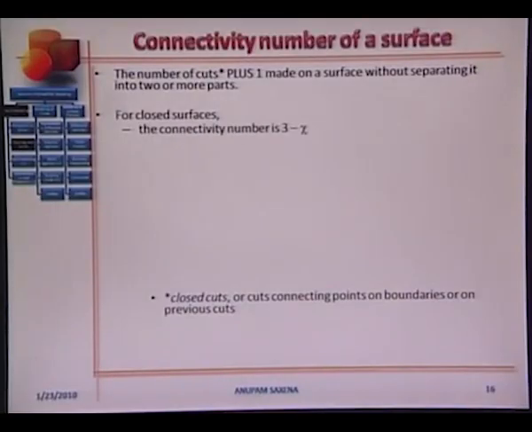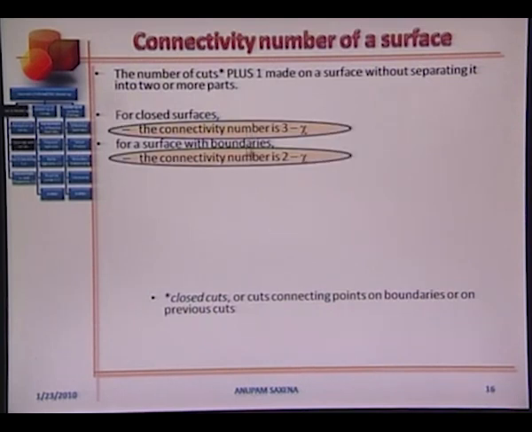For closed surfaces, the connectivity number is given by 3 minus its Euler characteristic. For a surface with boundaries, like a disk for example, the connectivity number is given by 2 minus the Euler characteristic.